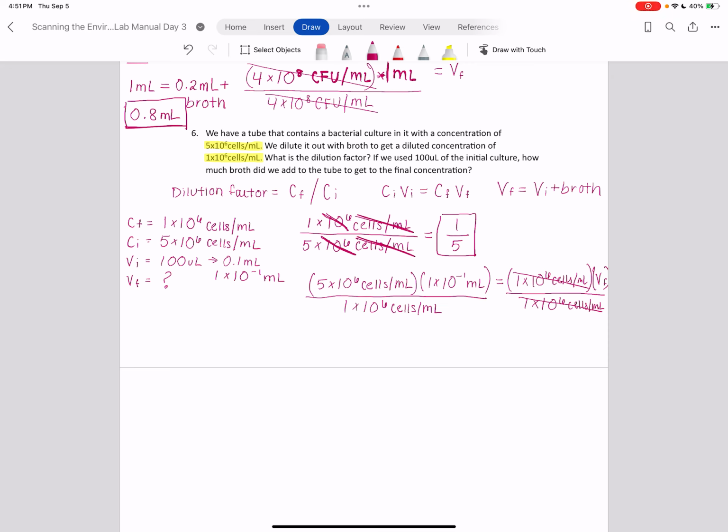So if we wanted to, we could cancel out our 10 to the 6th. We see that here. And we can actually cancel out our cells per ml over here. And believe it or not, we can actually also cancel out these 1s that are over here. So what this leaves us with is 5 times 10 to the negative 1. And that is going to be equal to our final volume.